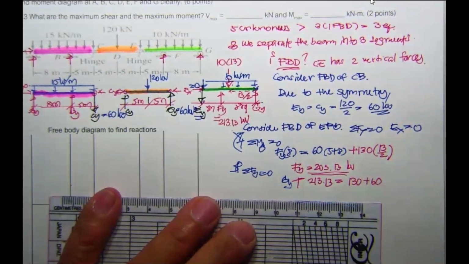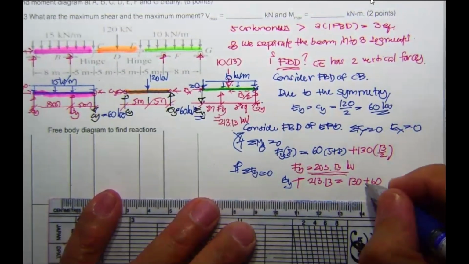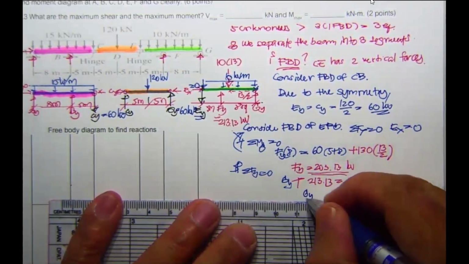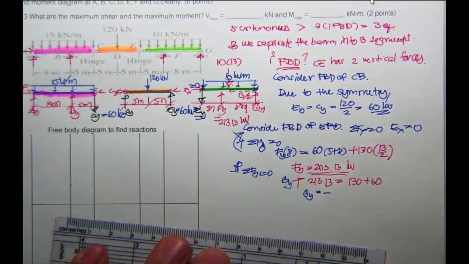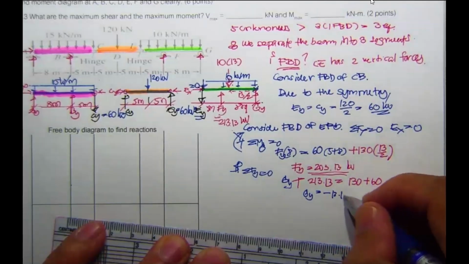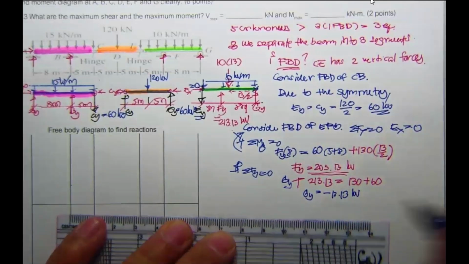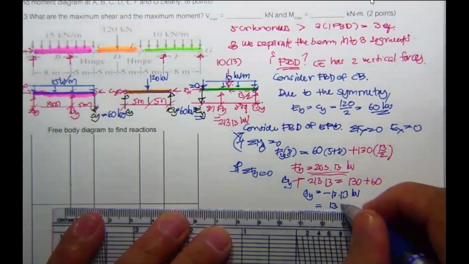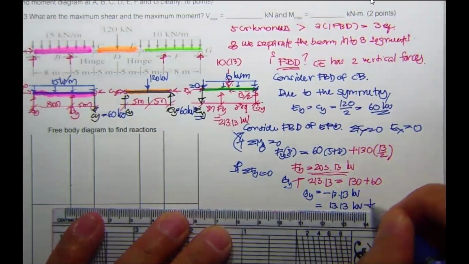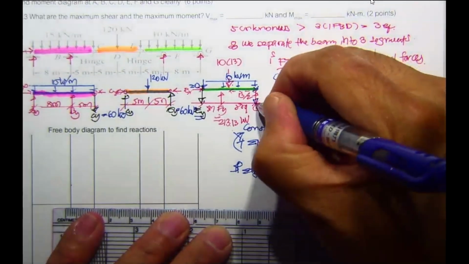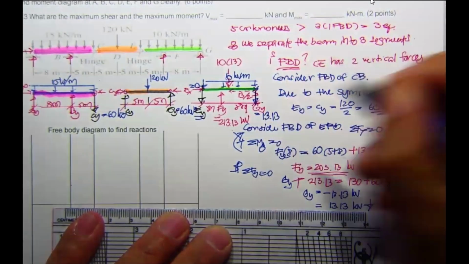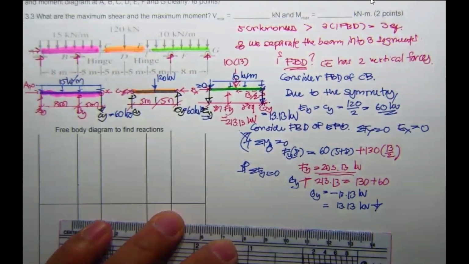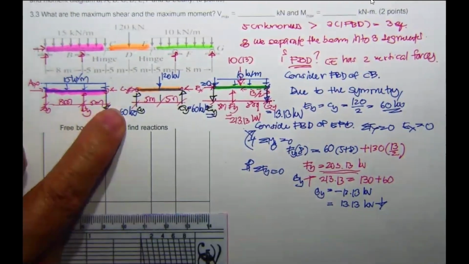So you should get G sub y. 180 minus G sub y, that's going to be negative 13.13 kilonewton. So G sub y is 13.13 kilonewton downward. This direction is not correct; it's going to be in this direction, 13.13 kilonewton.